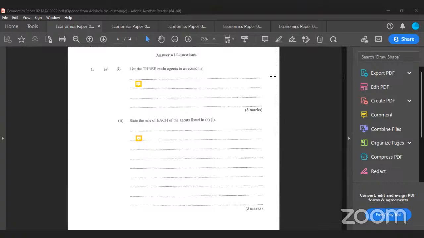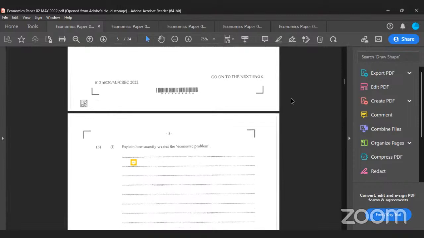The paper 1 marathon is tomorrow. So those are the roles for each of them, and it's an easy way to secure some marks. We'll go through a few more on this paper and then jump to another paper.